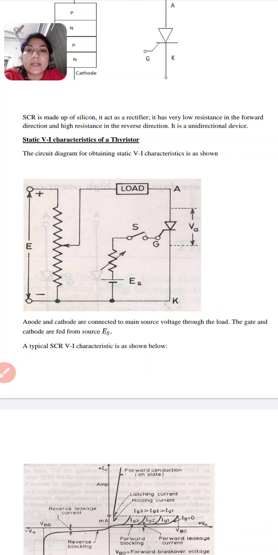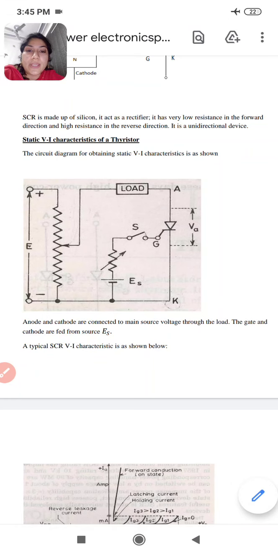For obtaining the characteristics of SCR, we connect our SCR in the form of this circuit. First we apply the voltage with the help of a potentiometer; this variable resistance indicates the potentiometer. Then we have the SCR, directly connected in series with the load.